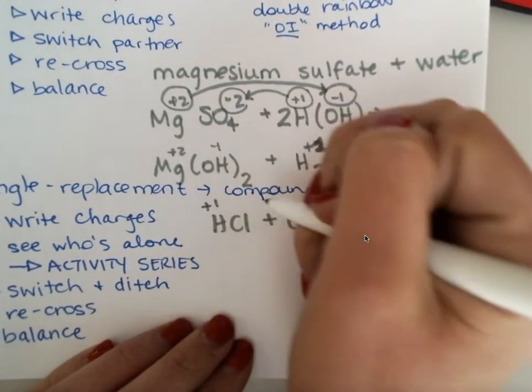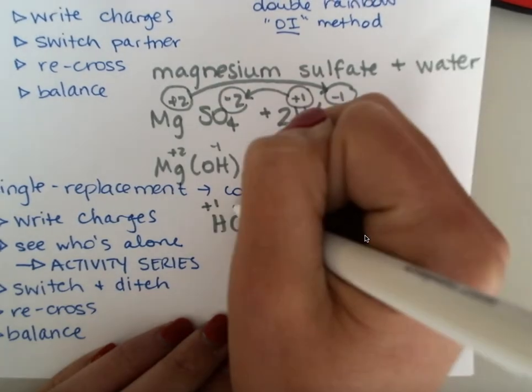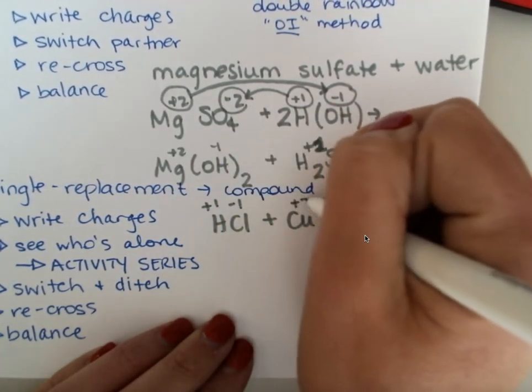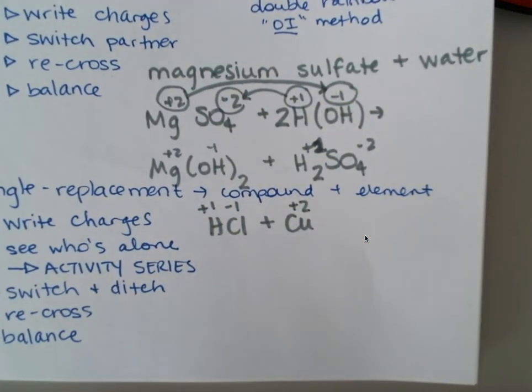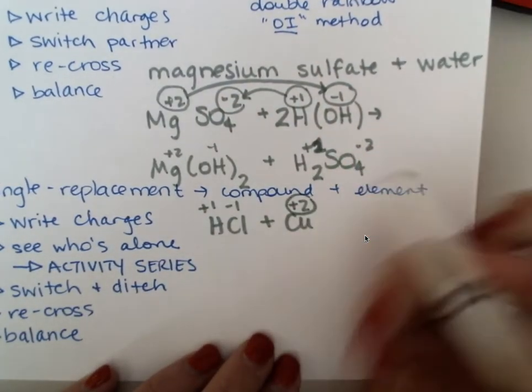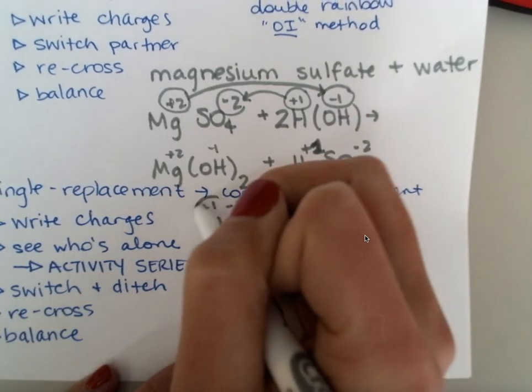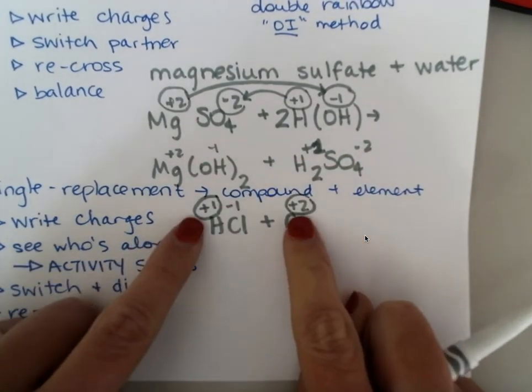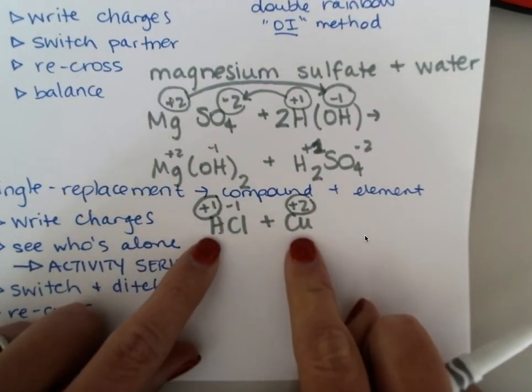So +1. Oh, well, I need to tell you what copper it is. Sorry. -1. We'll make it copper 2 just to make it more interesting, right? It won't be that interesting because when I check my activity series, copper is alone, right? And he is looking to replace the hydrogen because those are both the cations. So I'm looking for copper and hydrogen.